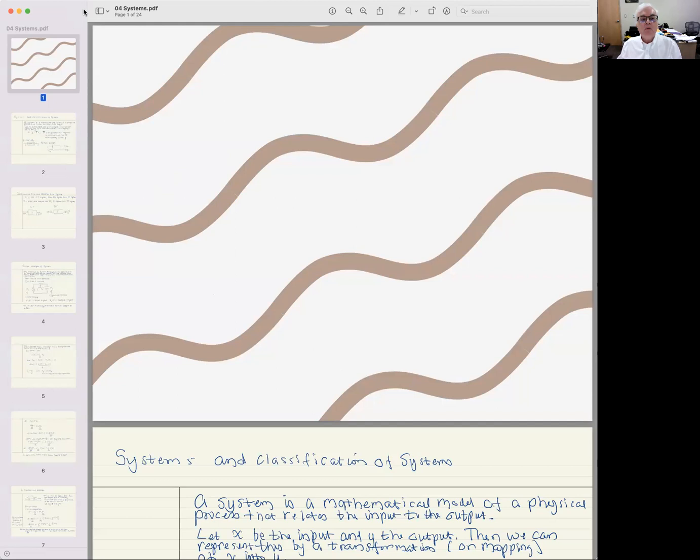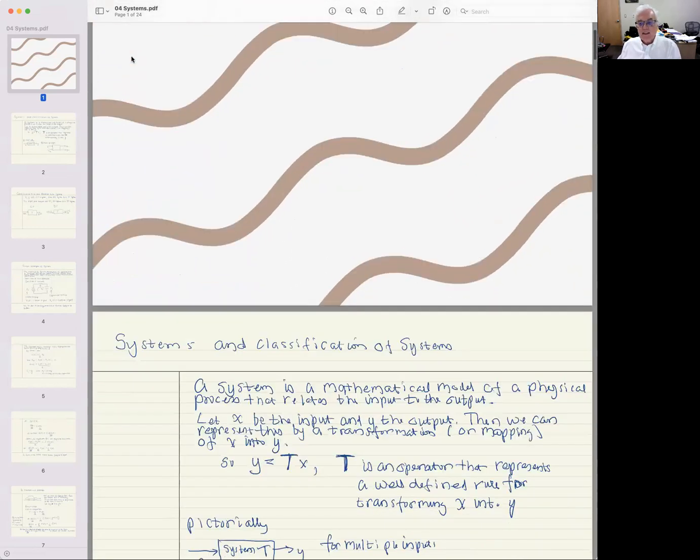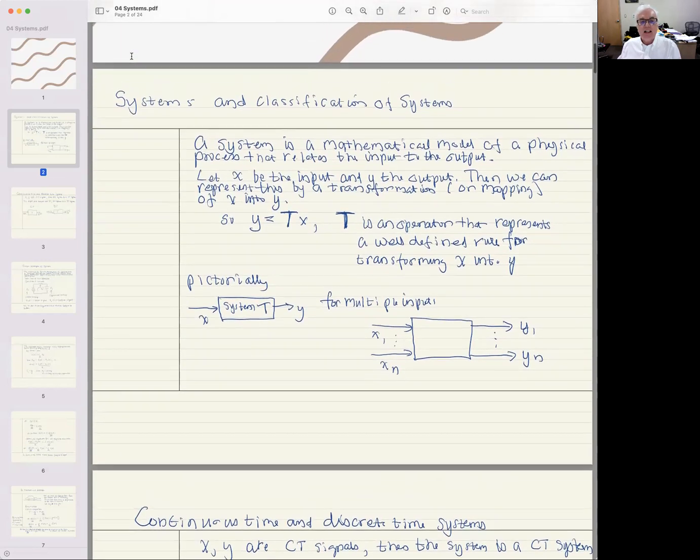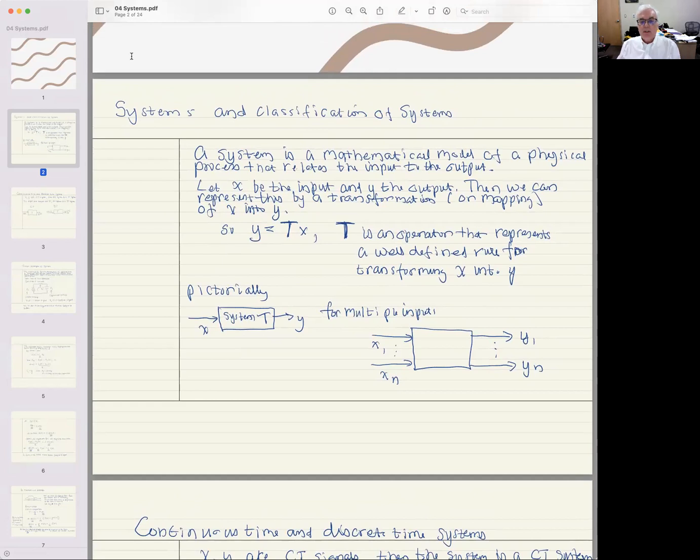You should be able to see a set of notes that starts out with some pictures of waves. What this set of notes is all about is systems and classifications of systems. So I begin with defining what a system is.